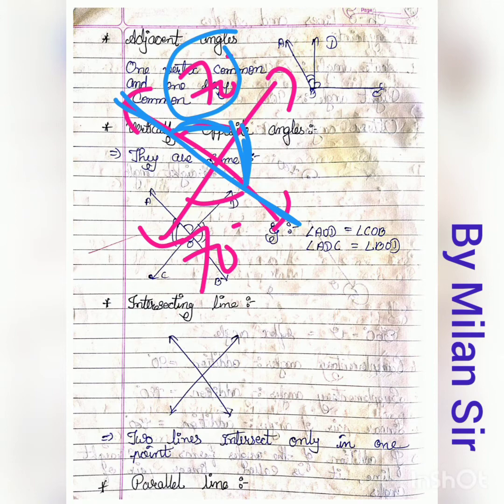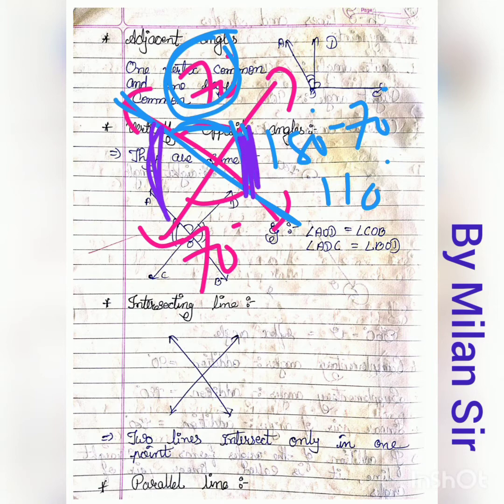This is 70, so this is 180 minus 70, so 110. If one angle is 70 degrees, the other is 180 minus 70, which is 110. Now if this angle is 110, then this is also 110 because again they are vertically opposite angles. So from one angle we can find the other angles.